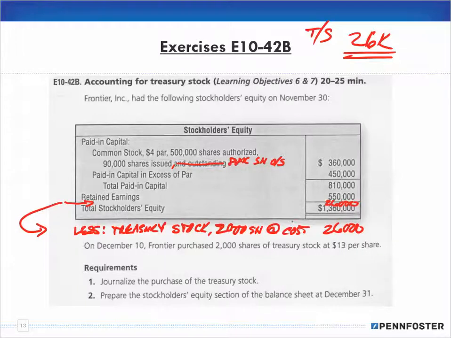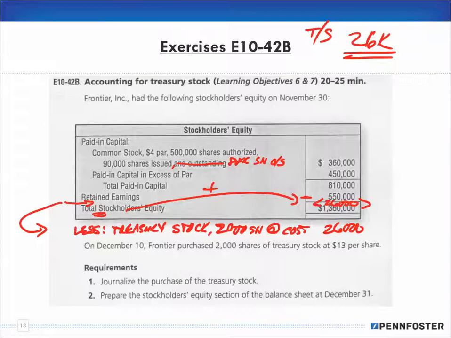I disagree with the author in how they wrote it. They wrote it as a negative 26,000 here. If you go back to the very first chapters on creating the financial statements, you see me make the argument that when you write the word less, that means minus. So if you have a minus and then you have another minus by being in brackets, mathematically that's a plus. A minus times a minus is a plus. So saying less treasury stock and then having a negative 26,000 says you're going to add it in.